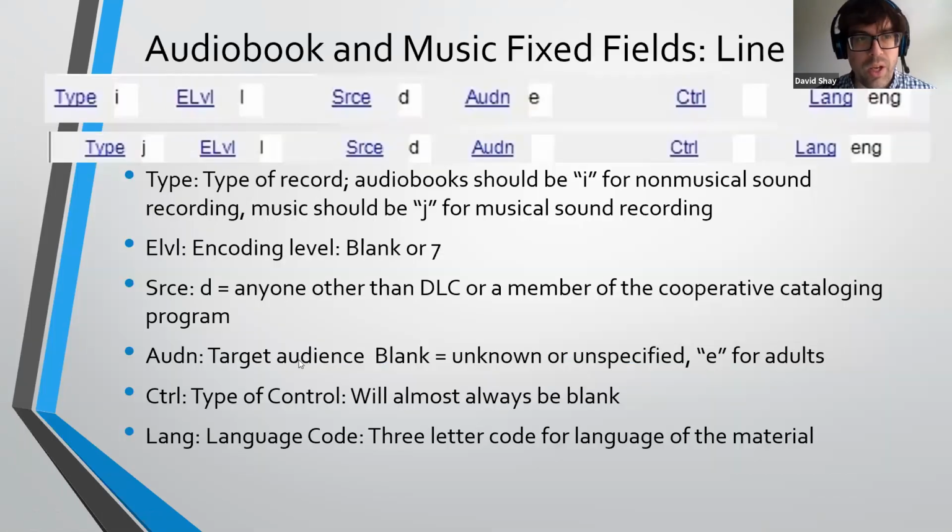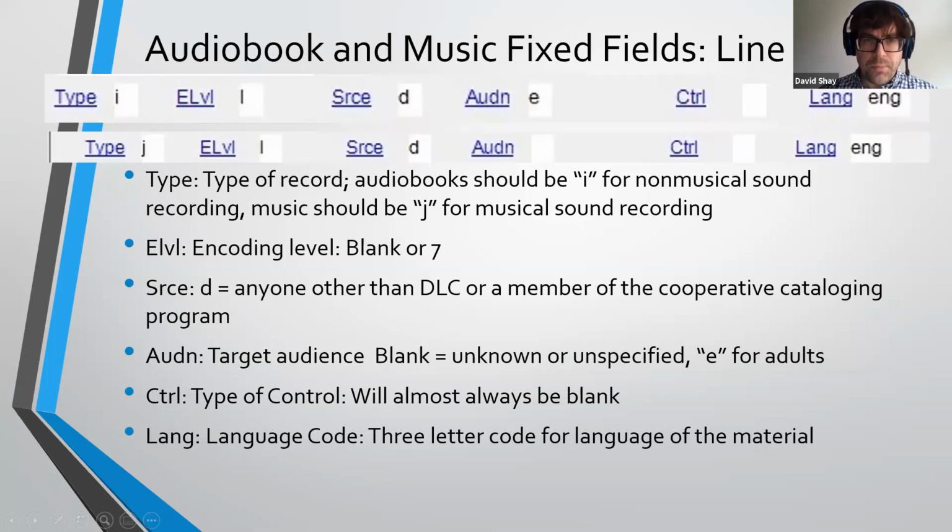So at the top here, we're going to run through the fixed fields. I have all the fields in each one. The top line for those is going to be our audiobook, and the second line is going to be our music CD. So there's going to be a few differences between the two, but most of them are going to have the same applicable things.